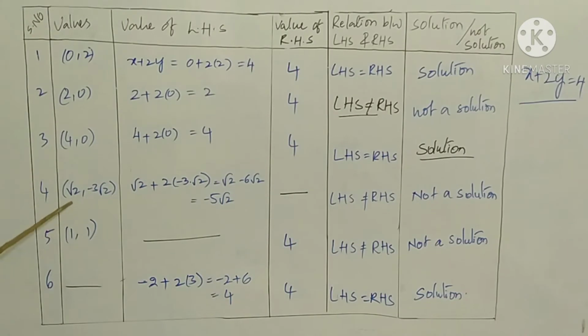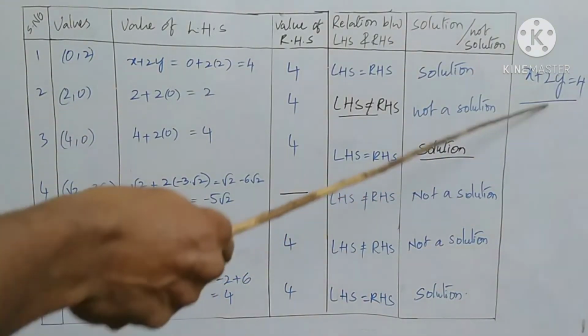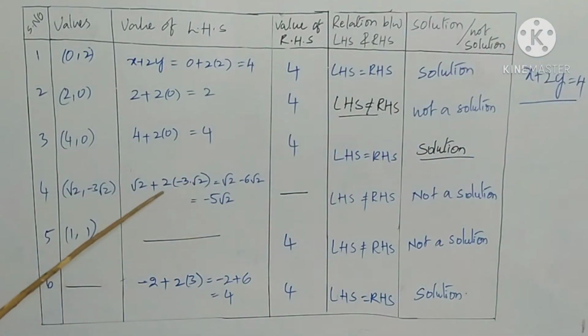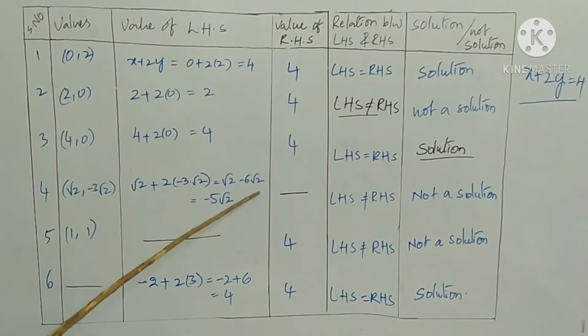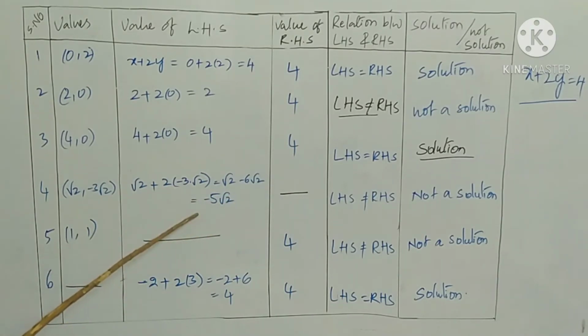Next, fourth one, (root 2, minus 3 root 2). So substitute root 2 instead of x, minus 3 root 2 instead of y. So the result is root 2 plus 2 into minus 3 root 2, that is root 2 minus 6 root 2. So the subtraction result is minus 5 root 2.